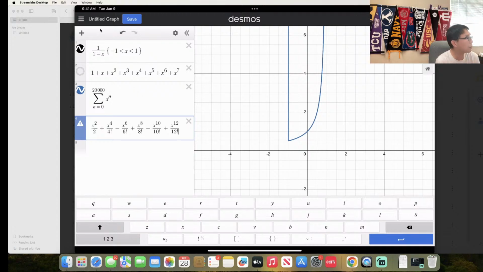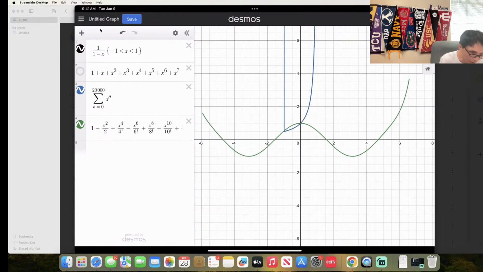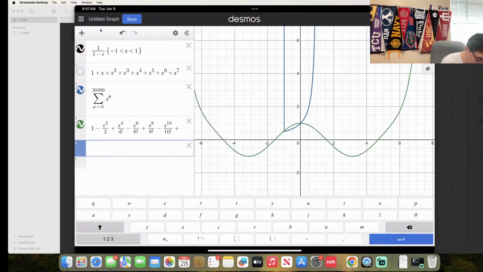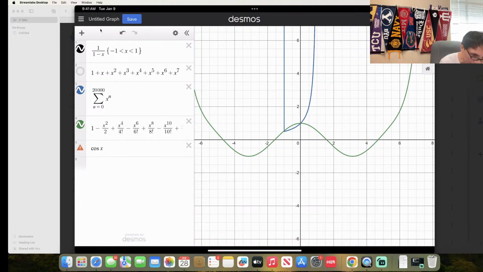I cannot talk over you guys. So it looks like it is cosine of x, because cosine of x is very accurate for us down to the point.